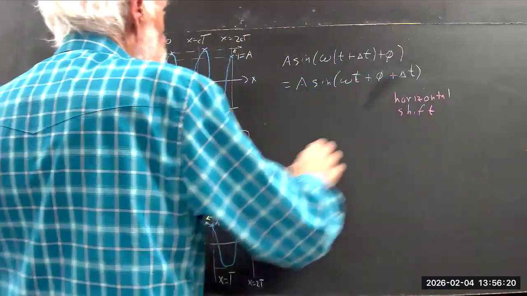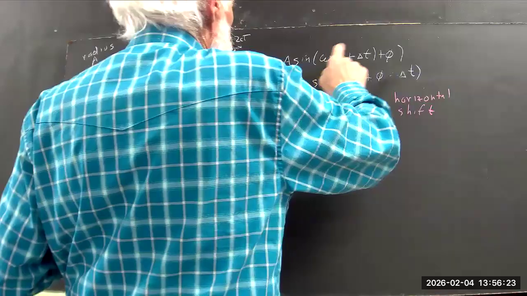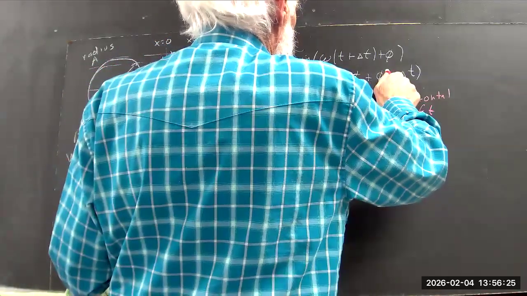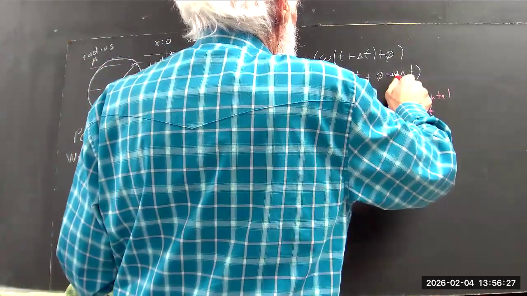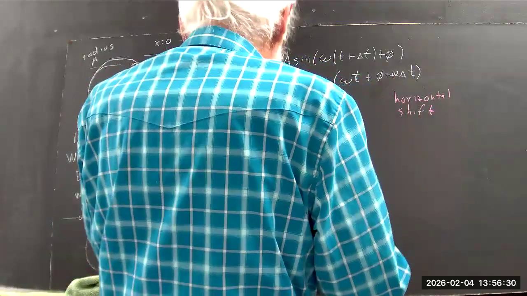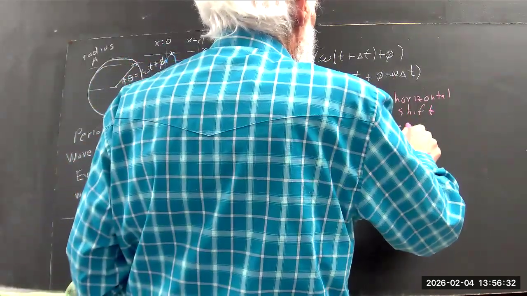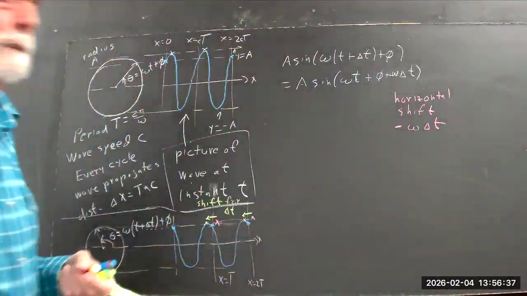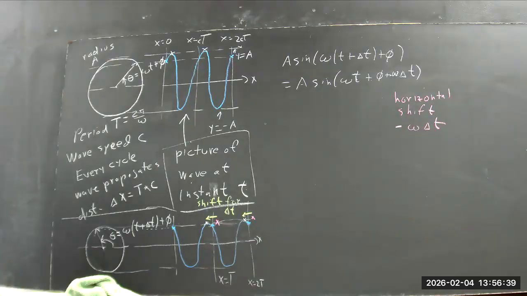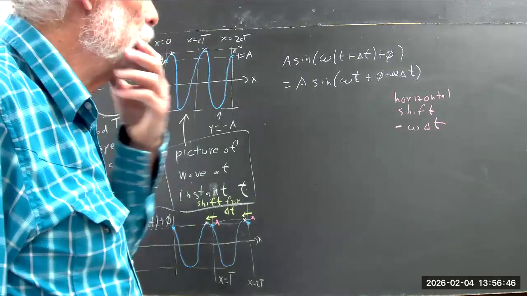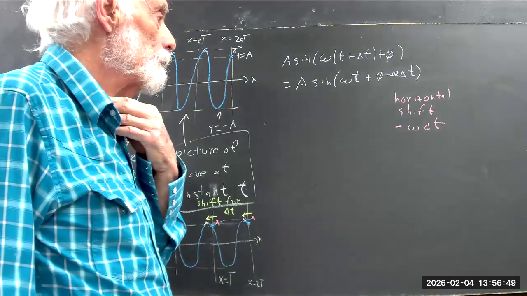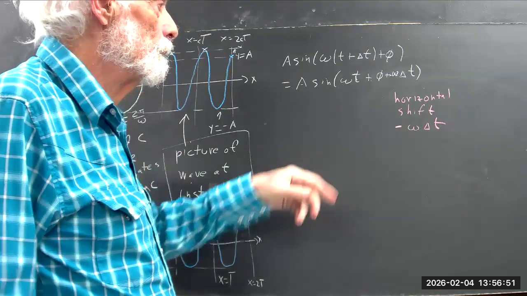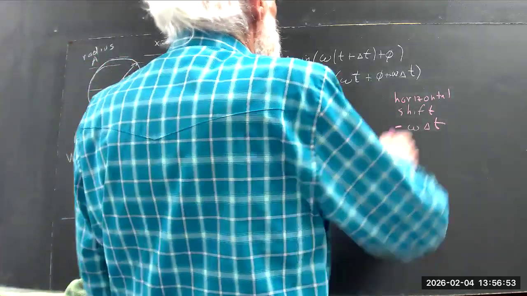It would probably be better for you if I included omega, because if I multiply omega times t plus delta t, I get omega t plus omega delta t. That looks a lot like a phi, but the horizontal shift is negative omega delta t. It's just a straightforward transformation. Let me write it.